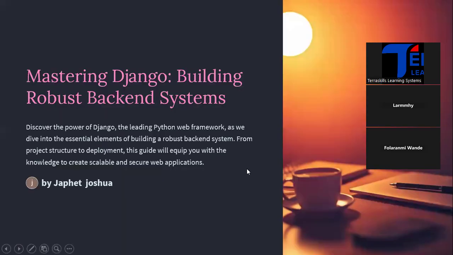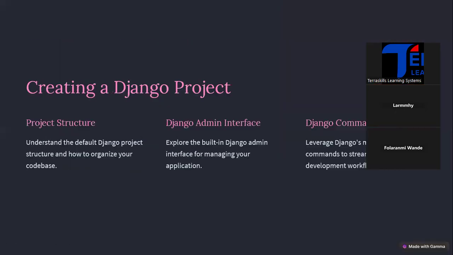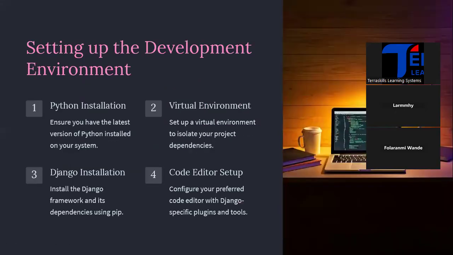All right. So before we start doing the project, we are going to look at this guide. We'll then understand how to basically build a robust system as we'll be seeing today.